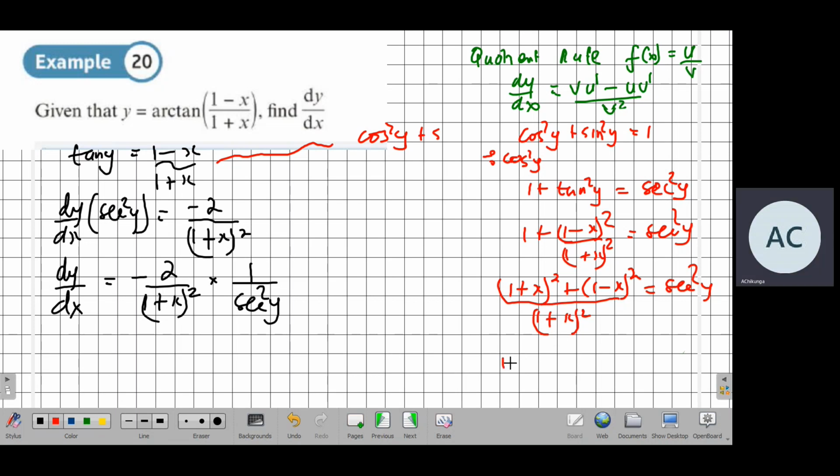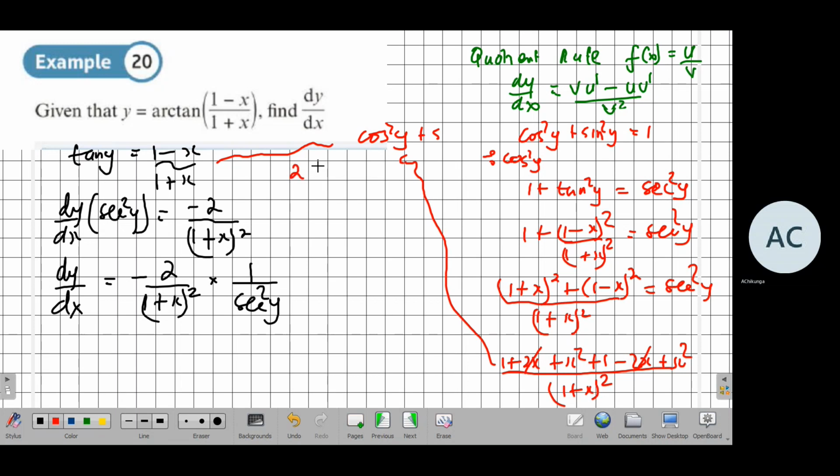We're going to have 1 plus 2x plus x squared plus 1 minus 2x plus x squared all over 1 plus x squared. I see that it's going to cancel there. So this and this are cancelling. This will translate to 2 in bracket 1 plus x squared all over 1 plus x squared.